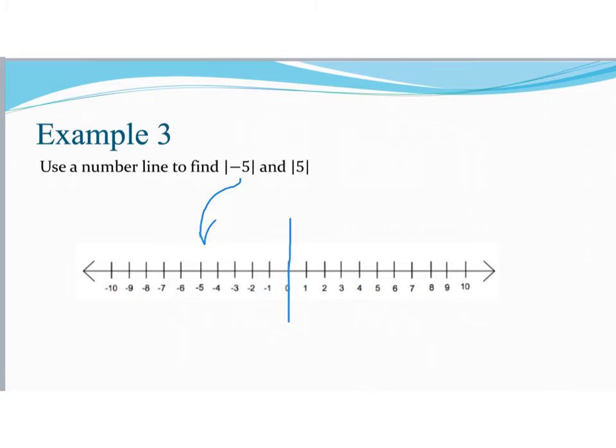If I plot that, this right here is negative 5. When I look at my distance from 0, I can see that it's 5 units. So the absolute value of negative 5 is equal to a positive 5.